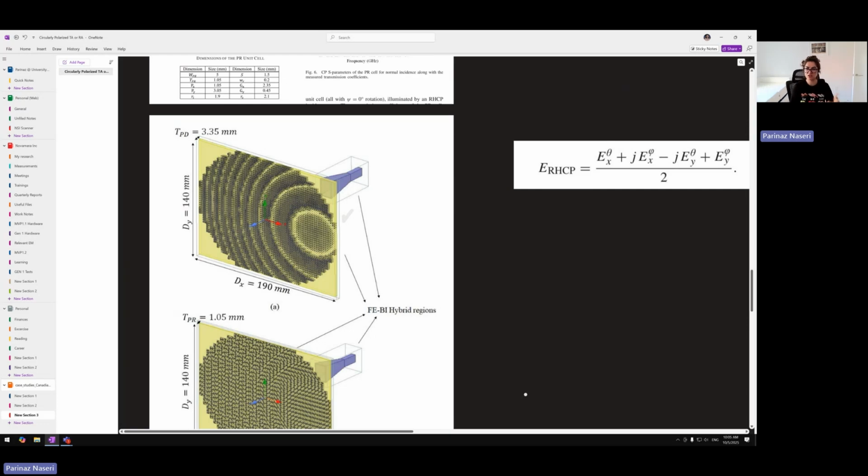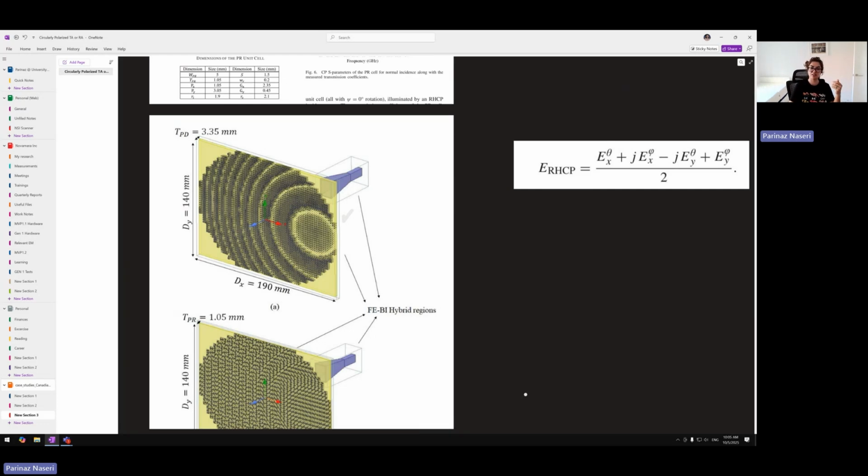And you're like, how is this a circularly polarized transmit array? I would say it's a circularly polarized transmit array if you excite it with a circularly polarized incident wave. Because if you have this, for example, this is almost like a Y direction horn, right?